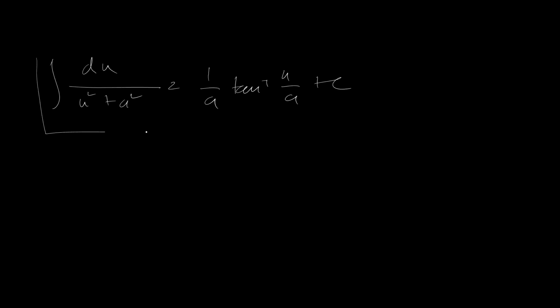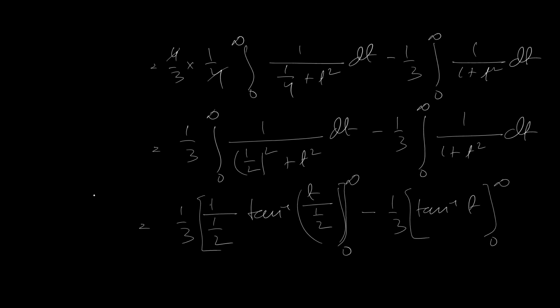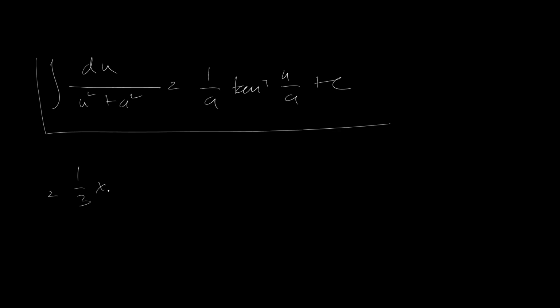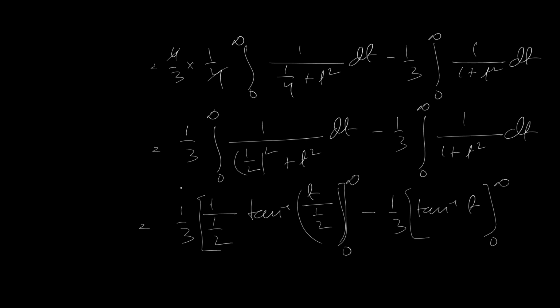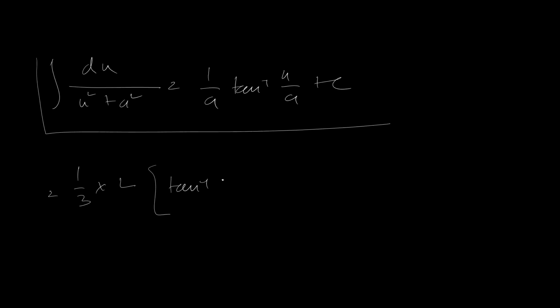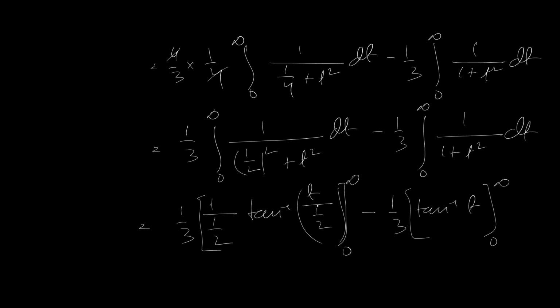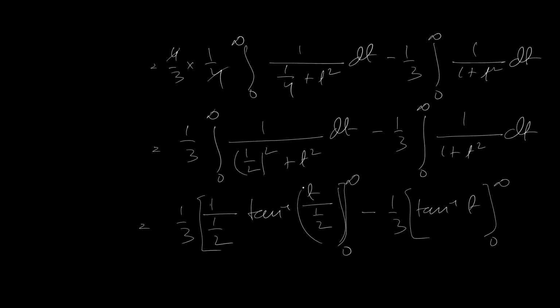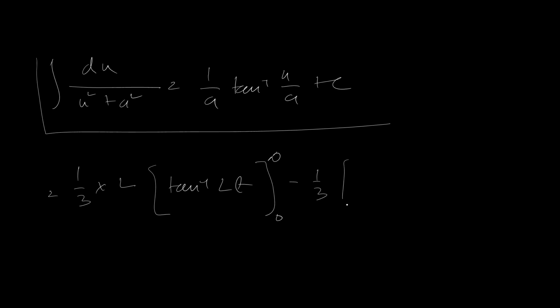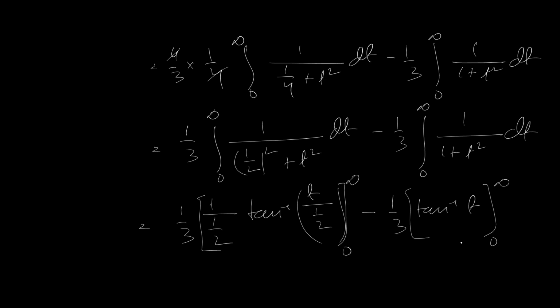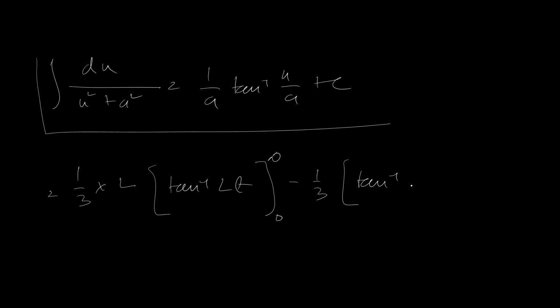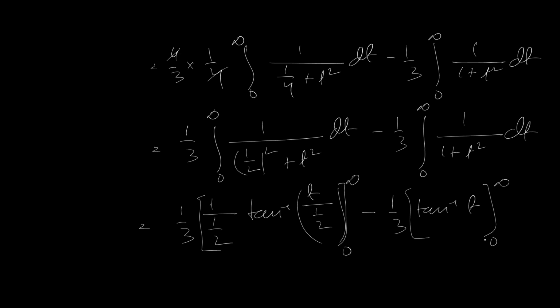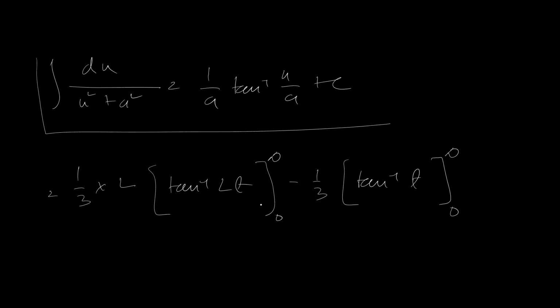So this will be ultimately I will get 1 by 3 into 2, yes, this is tan inverse 2t, this is 0 to infinity, and then minus 1 by 3, this is tan inverse t, this is our 0 to infinity.